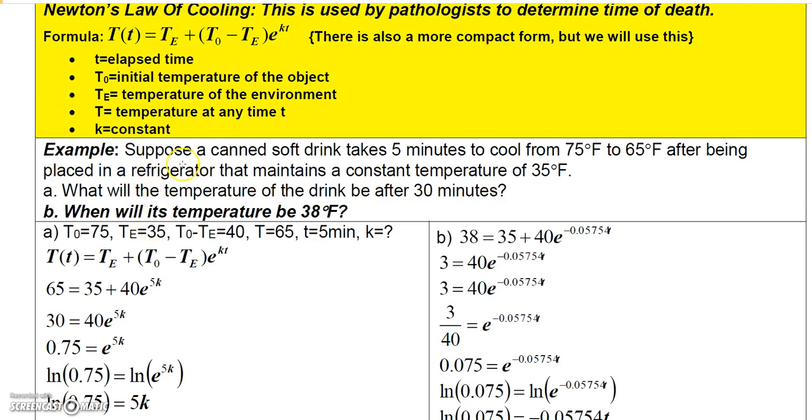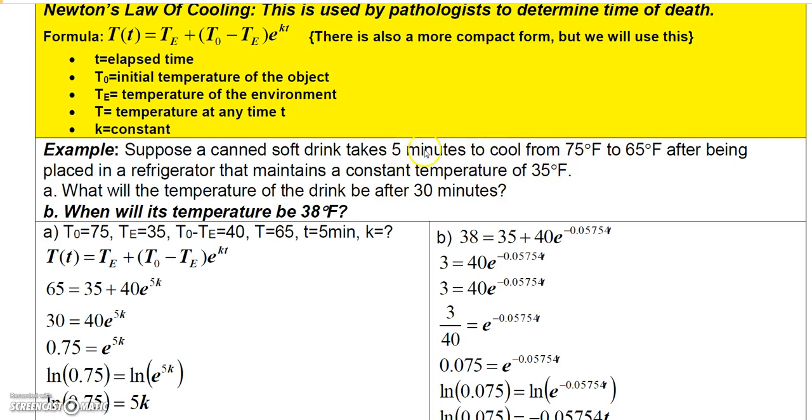Suppose a canned soft drink takes 5 minutes to cool from 75 degrees to 65 degrees after being placed in a refrigerator that maintains a constant temperature of 35 degrees. Okay, so you have a can of soda that's at 75 degrees Fahrenheit, and after 5 minutes in this fridge it reduces the temperature to 65 degrees Fahrenheit.